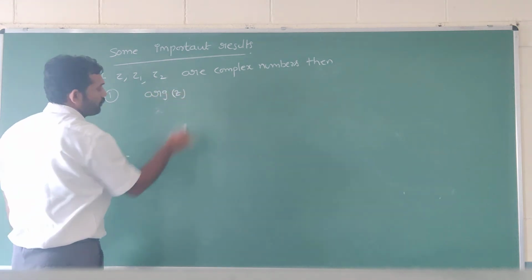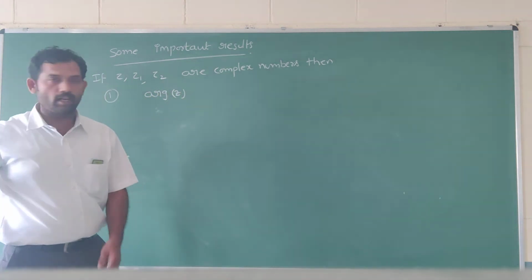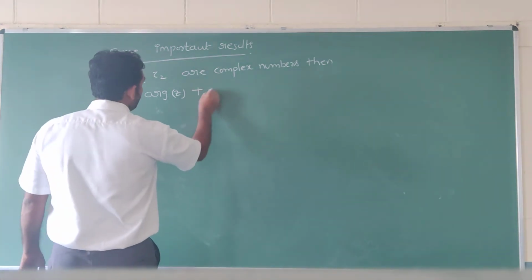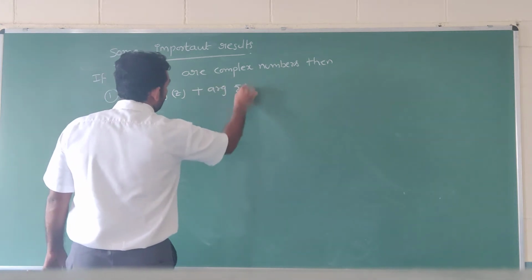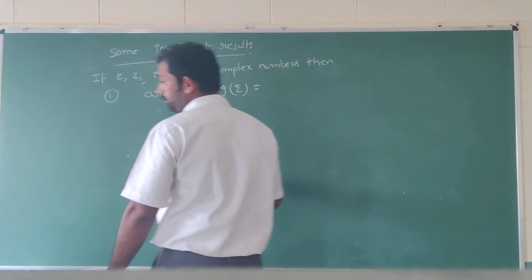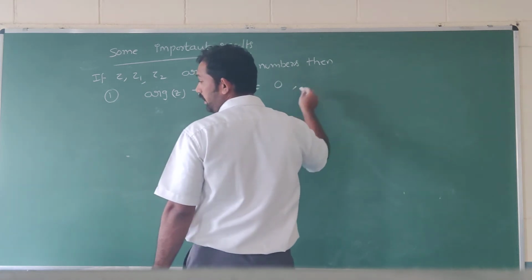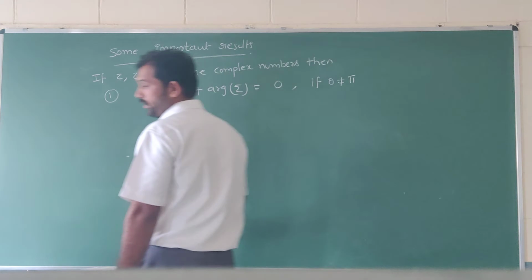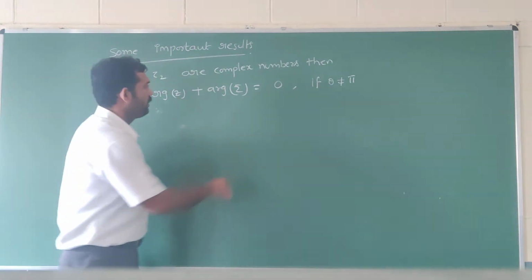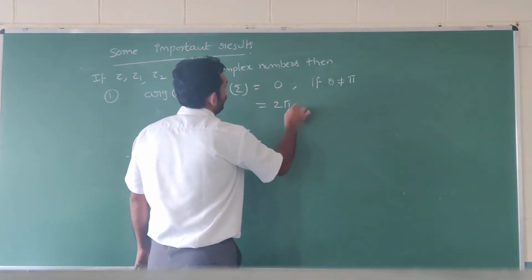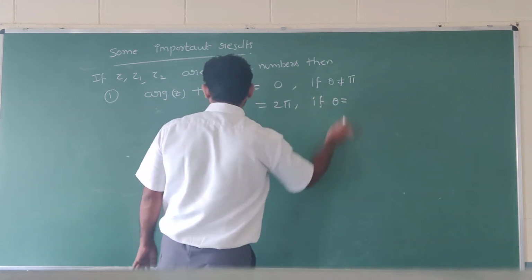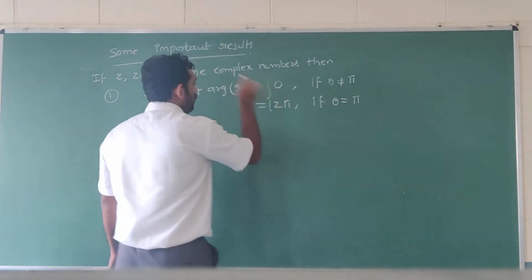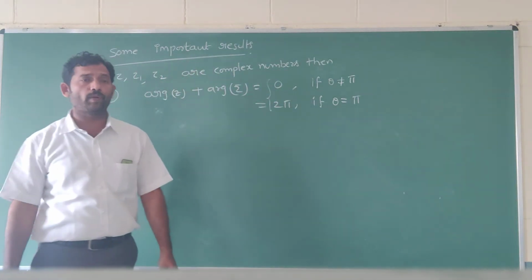Argument of z plus argument of z bar is equal to 0, if theta not equal to pi. It is equal to 2 pi if theta equal to pi. So these are very, very important points.